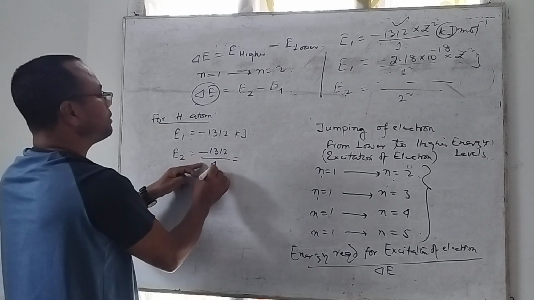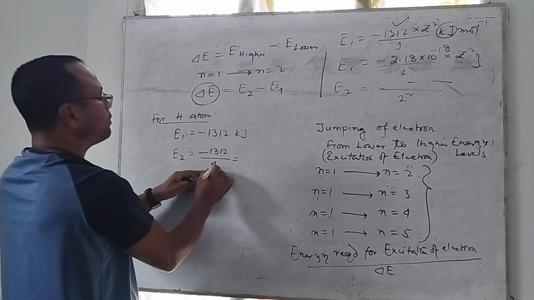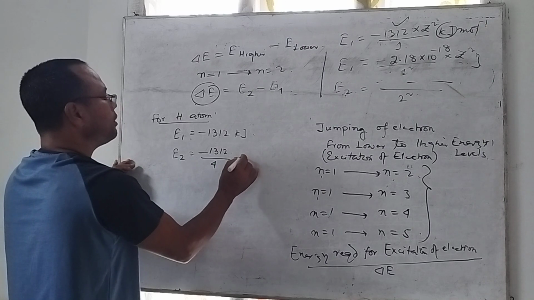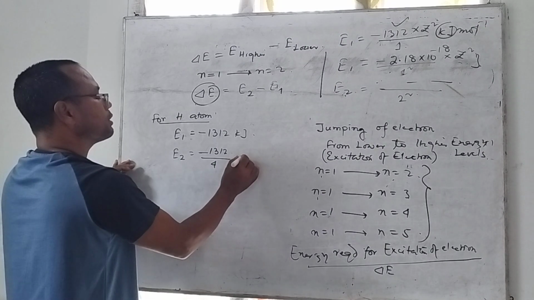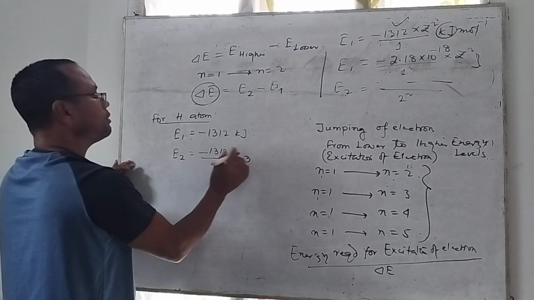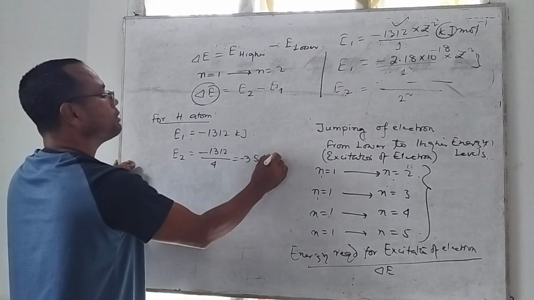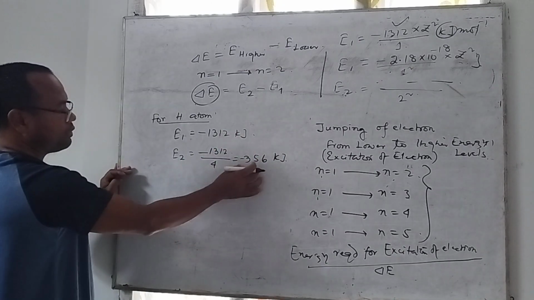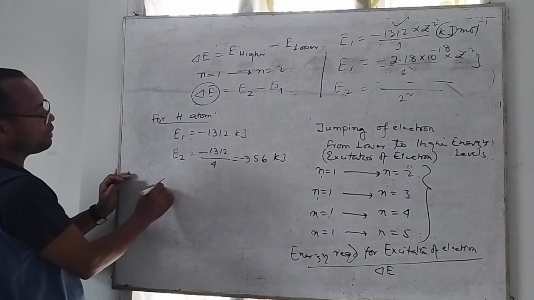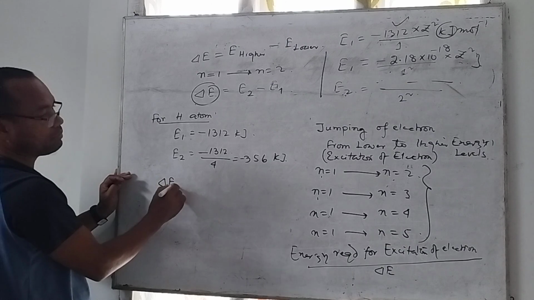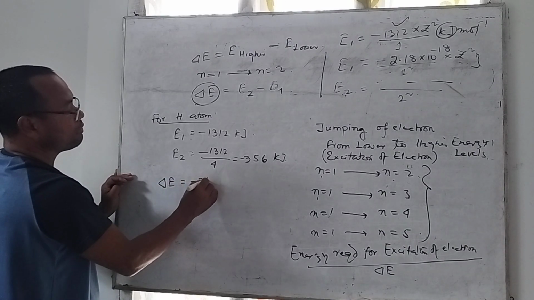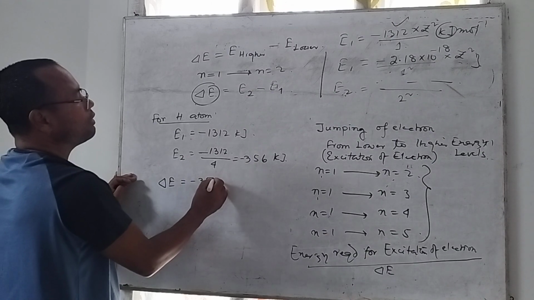That will be minus 328, I think. This much kilojoule we have, right? So when you have this value, how can we calculate the energy for this excitation?